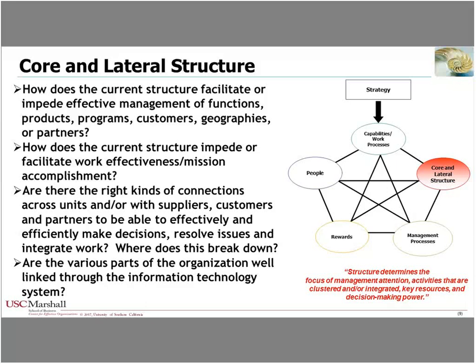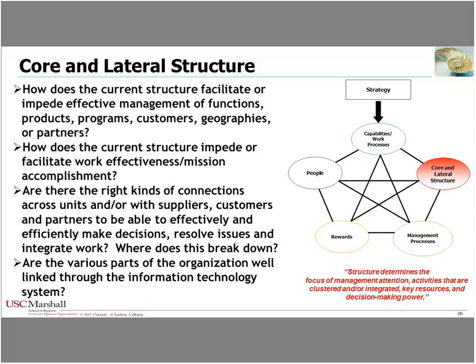And so we'll spend a lot of time talking about the difference between core structures and lateral structures. And we'll spend a lot of time talking about lateral organizations, because that's really where a lot of organizations are struggling. As you think about how technology has affected the way organizations are being put together, technology is really increasing the interdependence between different organizations, different functions, and different groups.